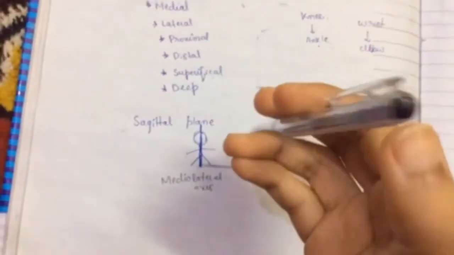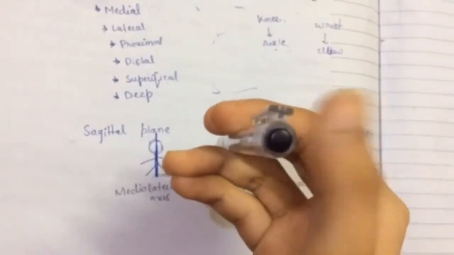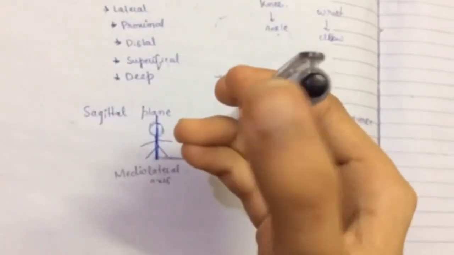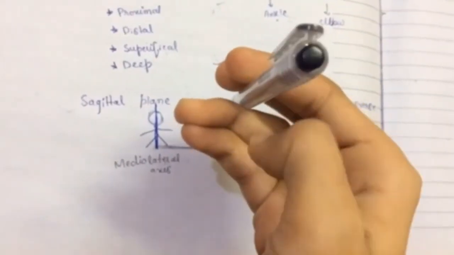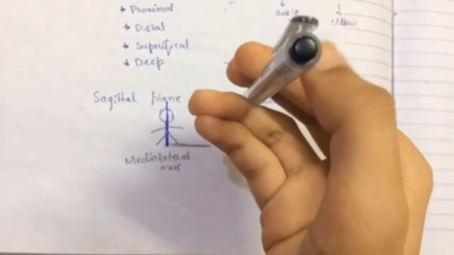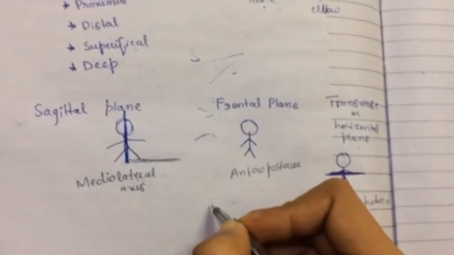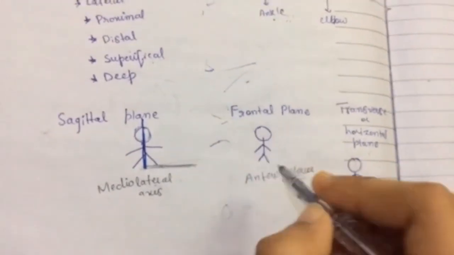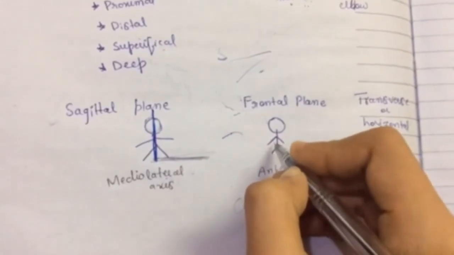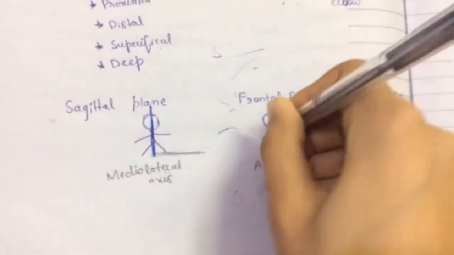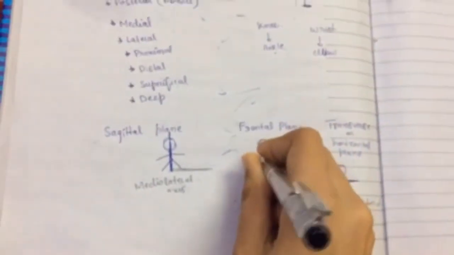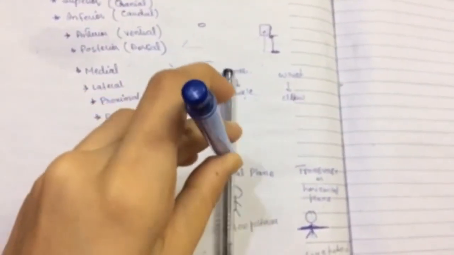Then in the frontal plane, this is a difficult one to give an example for, but I will try. If this is the right half and this is the left half, let me take a pen.